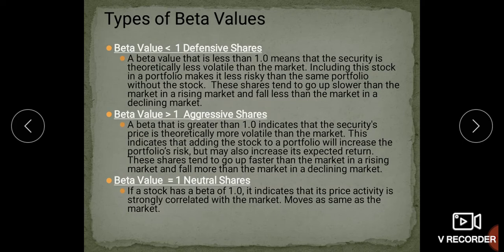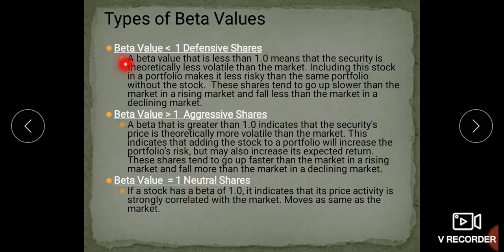Now we can see the types of beta values. Normally there are three types of beta values: when beta value is equal to 1, when beta value is less than 1, and when beta value is greater than 1. On the basis of the beta values, we can classify shares or a particular stock into three categories.